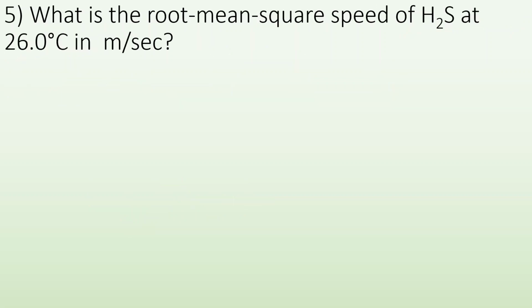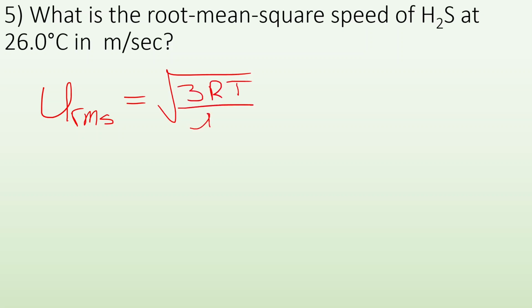All right, 5. What is the root mean square speed of H2S at 26 degrees Celsius in meters per second? So the equation that you're going to need is, hey, the root mean square speed is the square root of 3 times R times T all over the molar mass. Now, the thing about the molar mass is it's going to have to be converted into kilograms per mole.